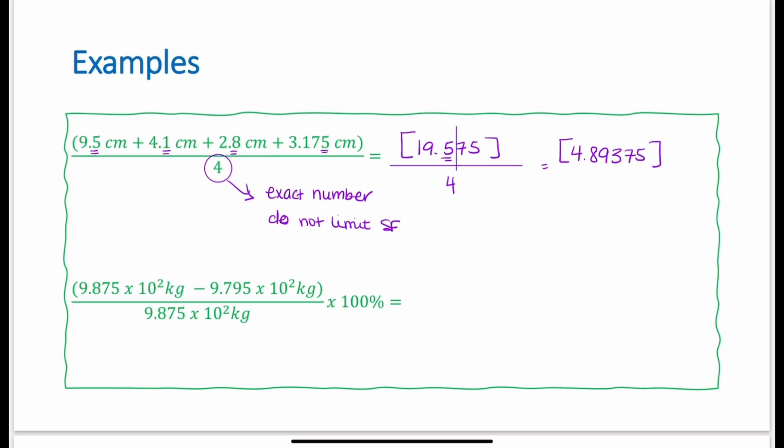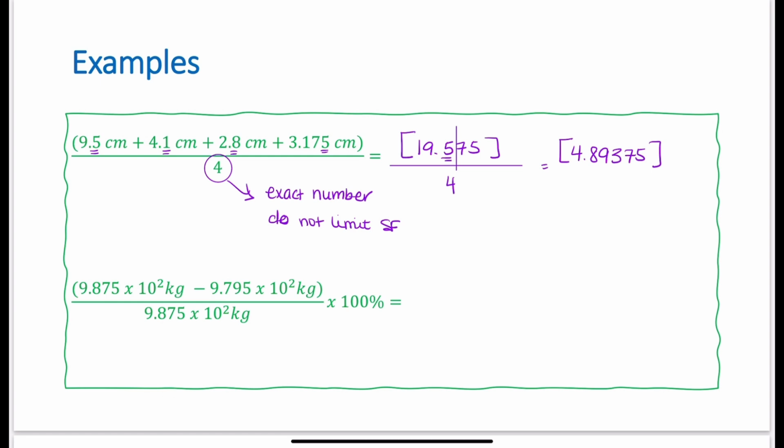Okay, so not to further confuse you, but when I added these up, I saw 19.6 as my answer here. But now I'm dividing that by 4 to get to my final answer, okay? I divide it by 4 and I get a calculated answer of 4.89375. But I'm dealing with an average of measurements. I cannot make my final measurement more precise than my least precise measurement. So you've got to be careful with your sig figs here.